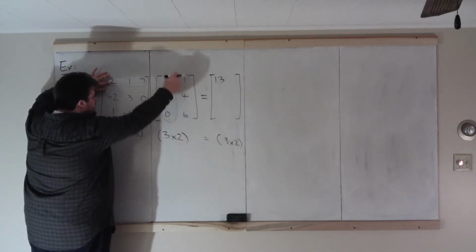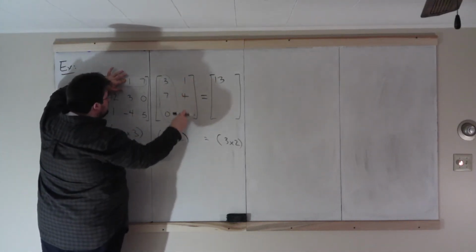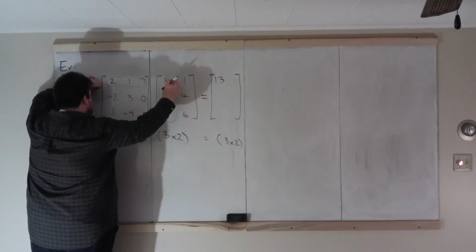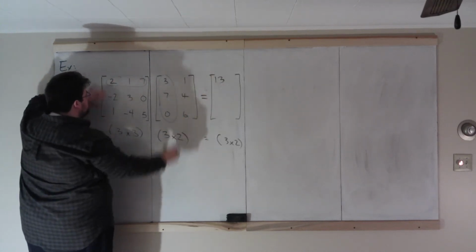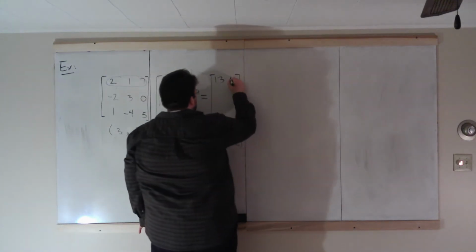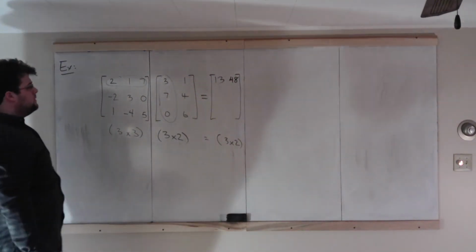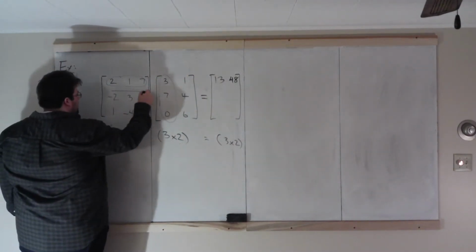This row times the next column. 2 times 1 is 2. 4 times 1 is 4. 7 times 6 is 42. 2 plus 4 plus 42 is 48. Nothing else we can do with that first row.